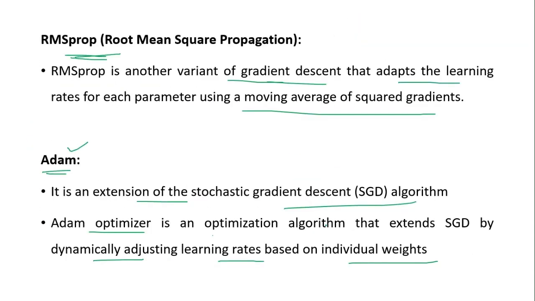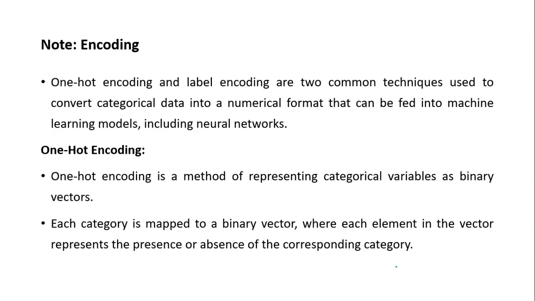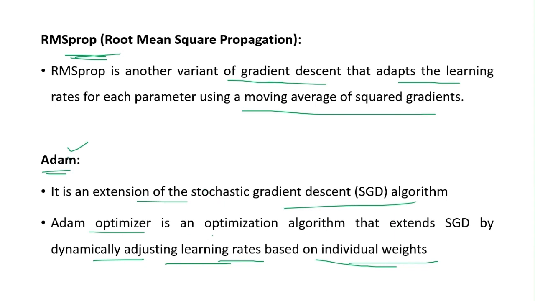But in the Adam algorithm, the advantage is that it dynamically adjusts the learning rate based on individual weights. That advantage is there in RMS prop also, but the Adam algorithm will perform better than RMS prop. That is why Adam optimization is most commonly used in neural networks and deep learning as an optimization algorithm.